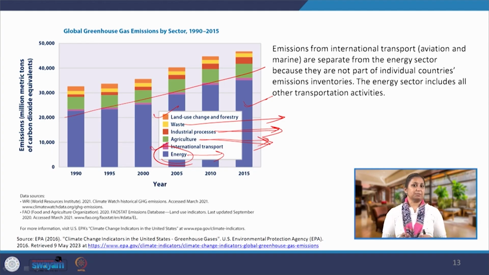We have already seen that the Paris Agreement does not include civil aviation into consideration for reducing greenhouse gas emissions, but if we look at the sources of greenhouse gas emissions, we clearly see that international transport, which is aviation, is one of the significant contributors. Now, this bar might look very small, but if you look at the absolute numbers, this is a significant number that we are looking at.